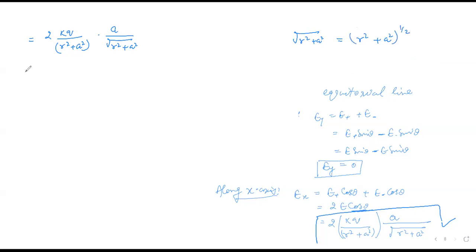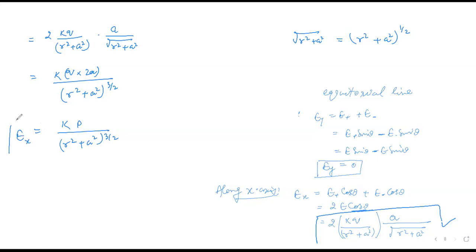So it will be 2kq into a, sorry, not 2kq. It will be kq into 2a over r square plus a square to the power 3 by 2. Finally, we got k into q times 2a, which is p, over r square plus a square to the power 3 over 2. This is your value of Ex.